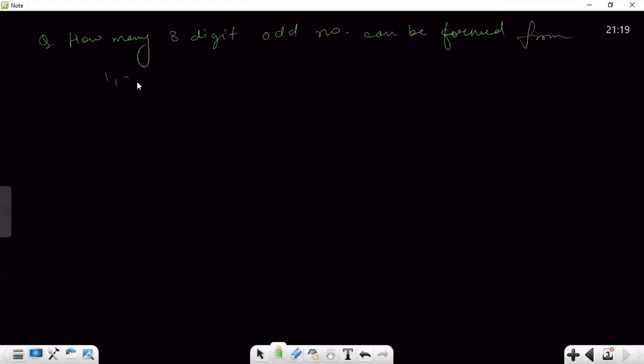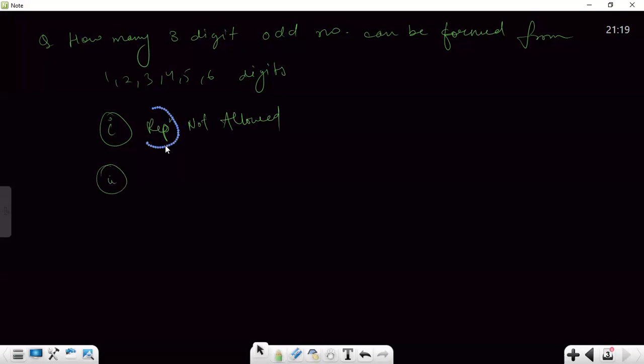They are the digits 1, 2, 3, 4, 5, and 6. Now the first case is where repetition is not allowed. Second case is where repetition is allowed.